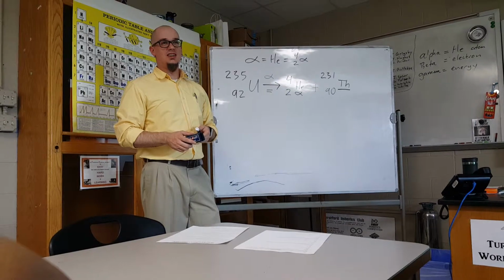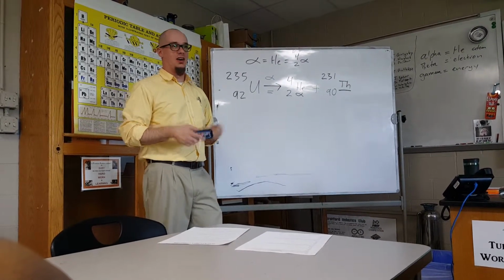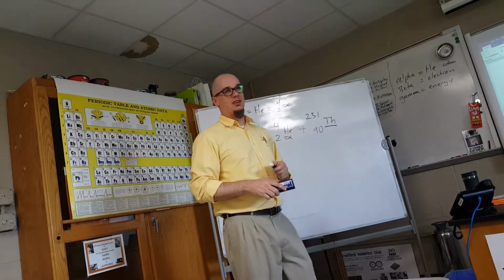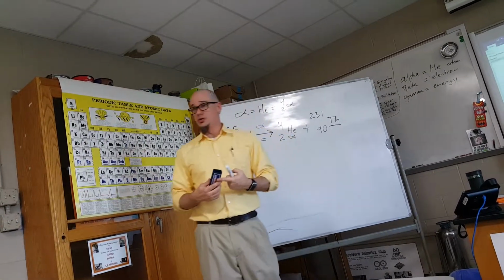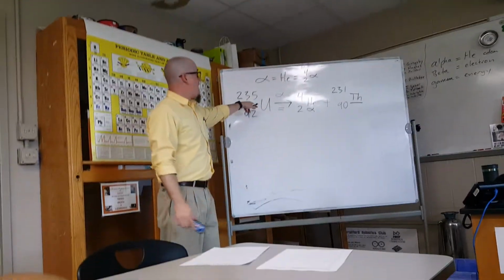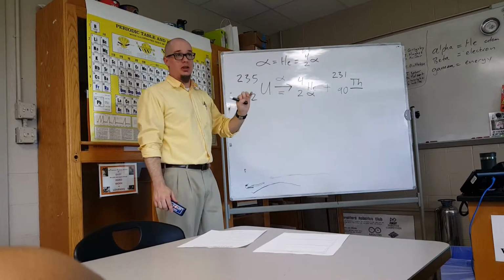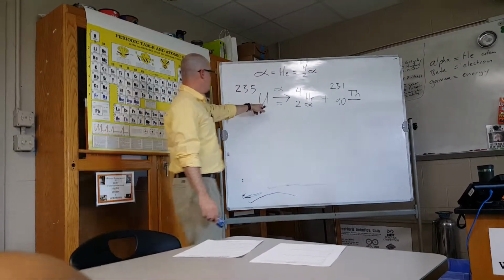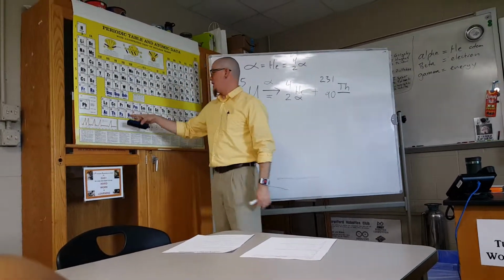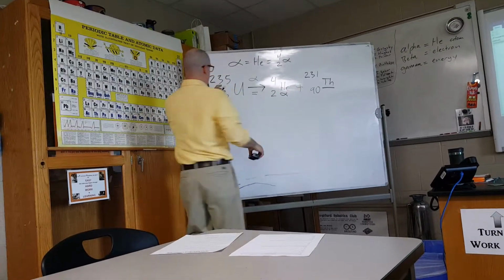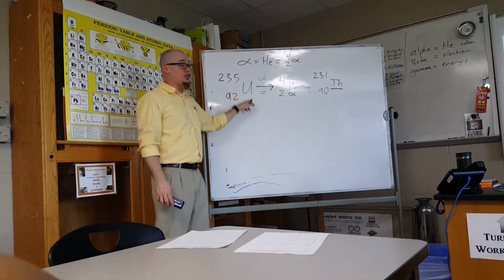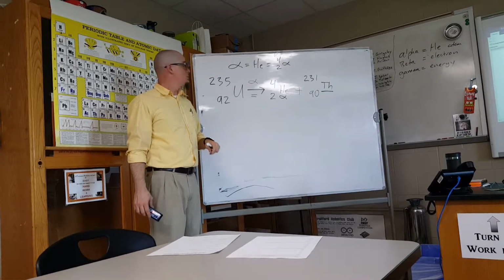I just told you. You might have forgotten. Ions are charged particles. Isotopes are atoms of a specific element that have a different mass. Normally, uranium is 238, but we have uranium-235. That means this uranium is an isotope.